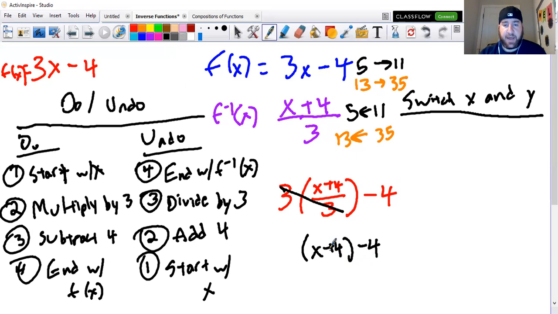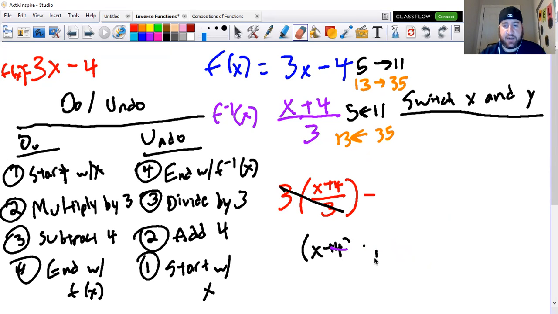And again, it kind of looks like what we had in the last problem. Nothing else I could do here. So I've just got 4 and 4, which cancel out and leave me with x. So we plugged x plus 4 divided by 3 into here, and our final answer was x, which, if you'd like to check it that way, is what we're looking for.